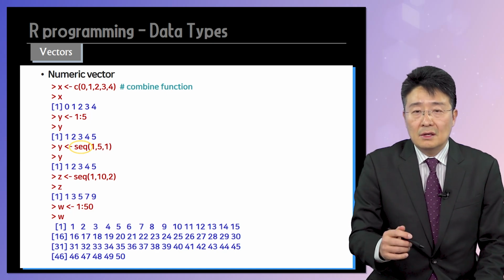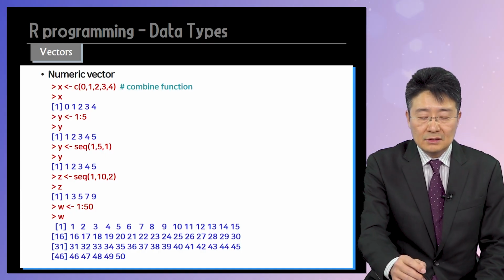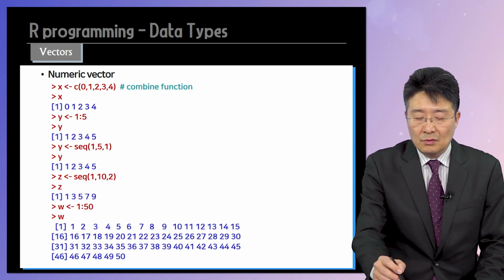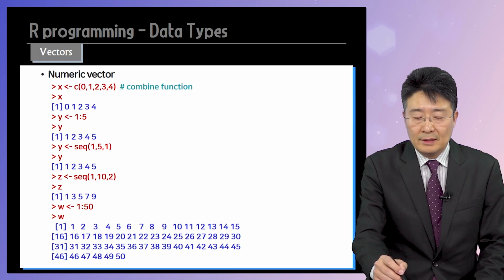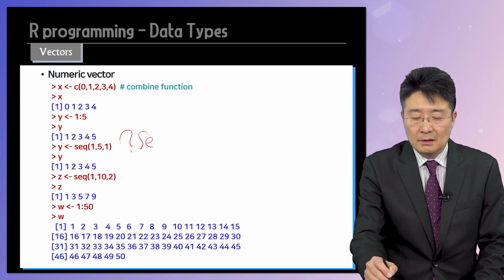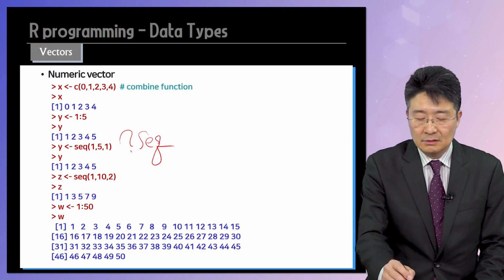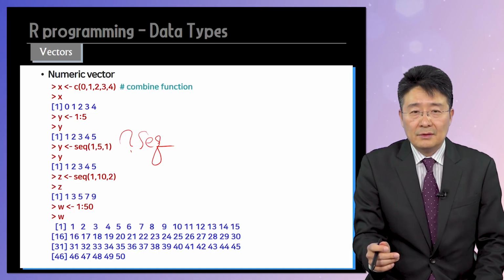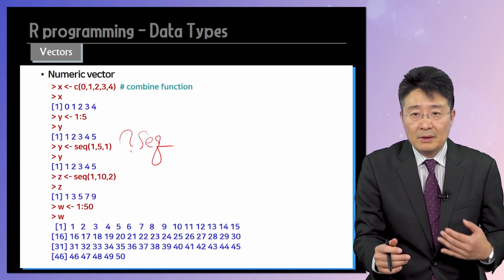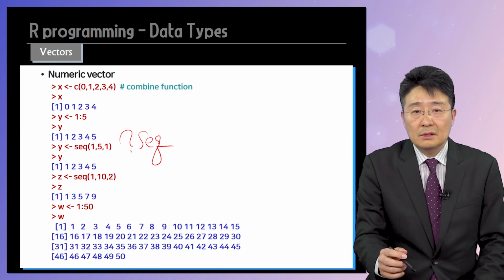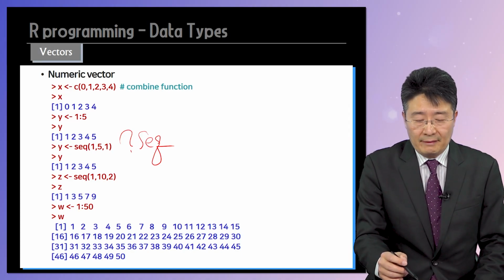In order to get more details of this function, in the R console you can put a question mark and then the function name like that. I don't have enough time to explain all the details about the functions, so just give it a try.